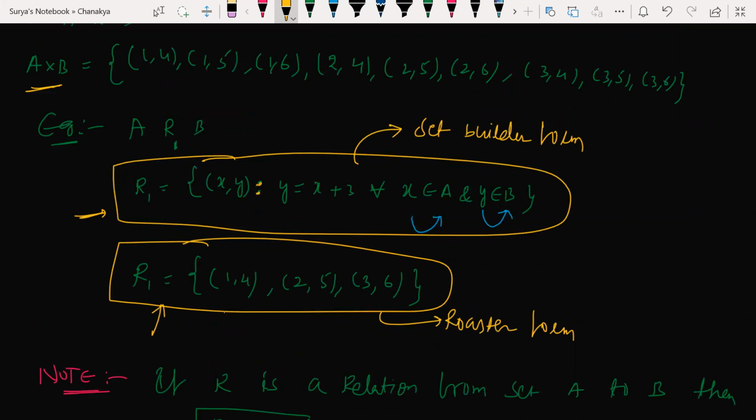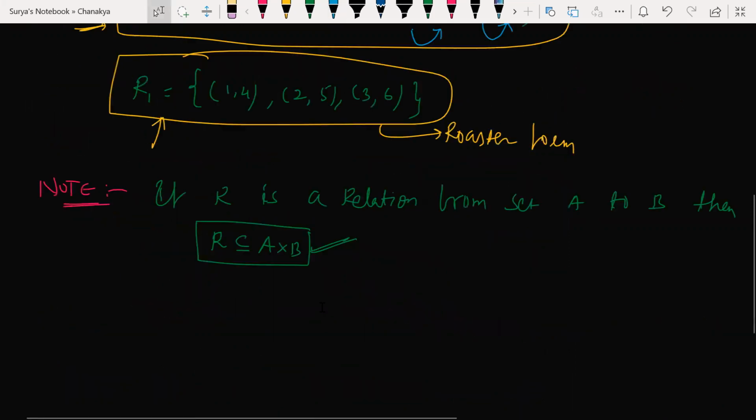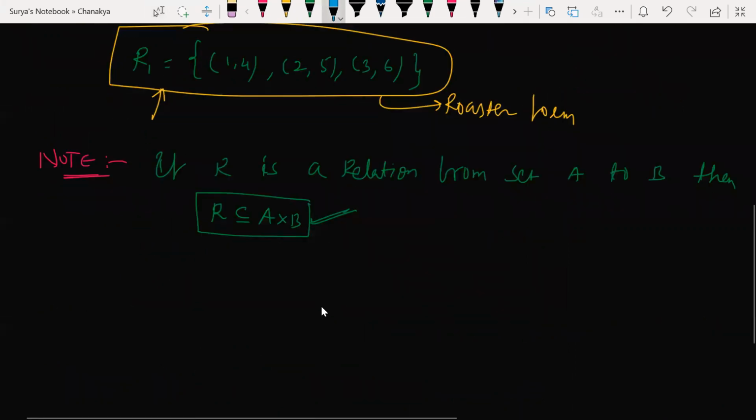Check. (1, 4) is available. (2, 5) is available. (3, 6) is available. Yes, R1 is a subset of A cross B. So what you understood: whatever relation you take from any sets would be a subset of A cross B. Very important note.